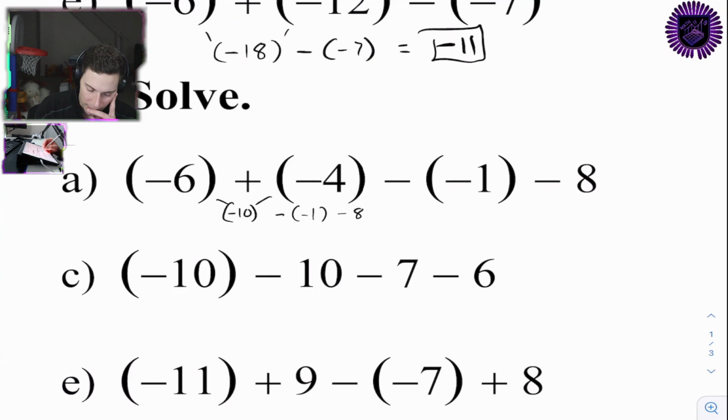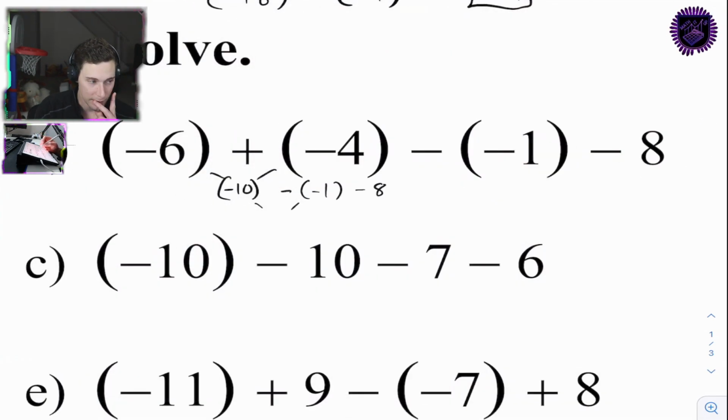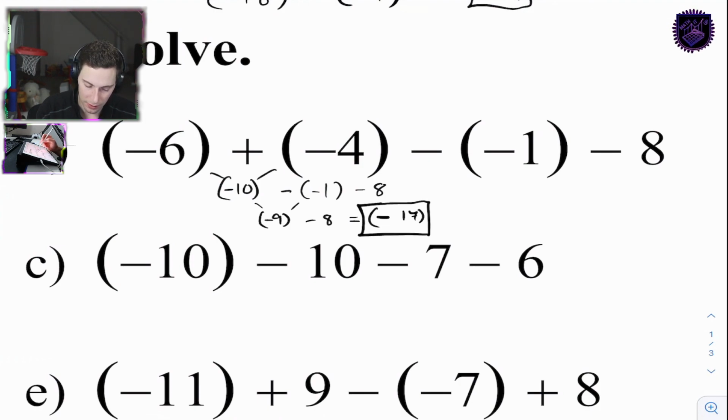And then here and here is going to be negative 9 and minus 8. And then that would equal negative 17. Oh my gosh, okay. The tiniest writing ever. I think you can see that. It's pretty big, but still.